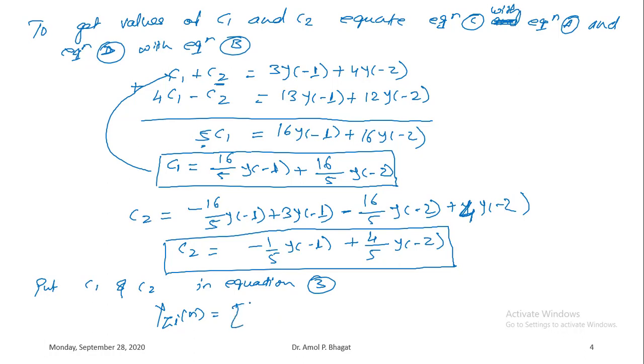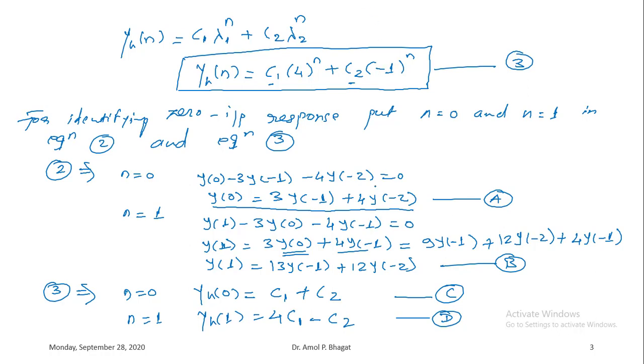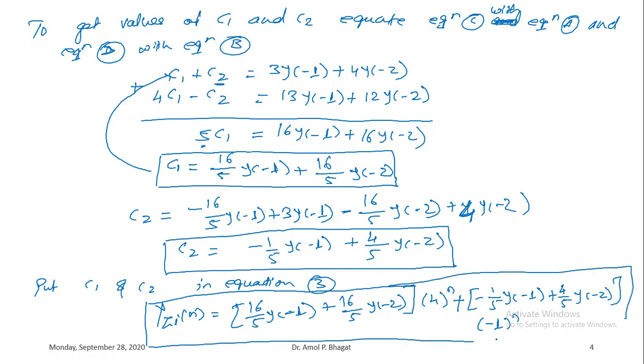It will be 16 by 5 y of minus 1, right, plus 16 by 5 y of minus 2, into 4 raised to the power n, plus in brackets minus 1 by 5 y of minus 1 plus 4 by 5 y of minus 2, right, multiplied by minus 1 to the power n. Okay, so this is the required zero input response, right.